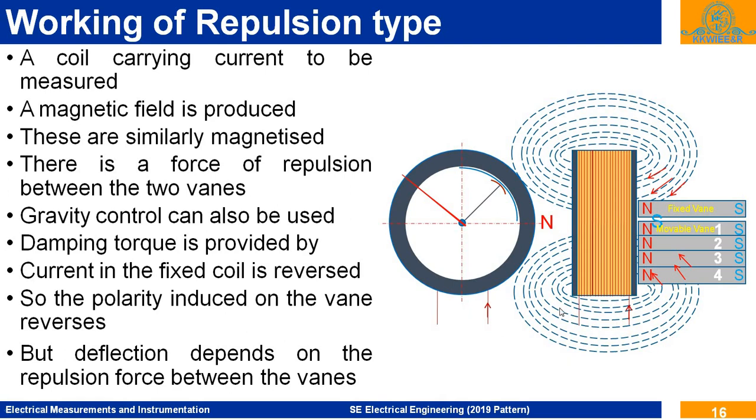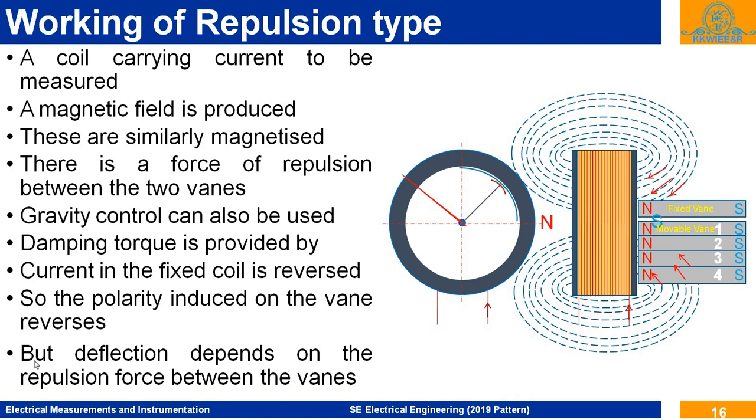If the direction of current changes, this pole becomes south, that becomes north, and on these iron pieces it is south pole, north pole, south pole, north pole. As the direction of current changes through this coil, the pole formation on this iron vane also changes, and they will repel each other.